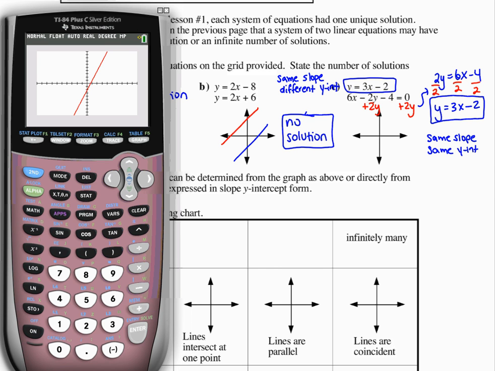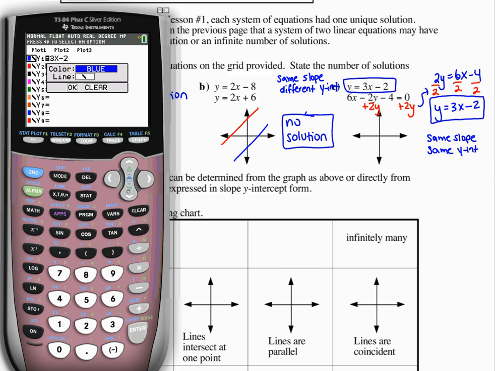Well, what you could do is you could make it bold. So you can go over here and make one of them a bold line. So you just push enter, and you can keep pushing enter, it will change the type of line. I think you just push enter once, and it makes it a bold line. On these versions, you'd have to go down and then right arrow over until you see the bold one, which is right there.